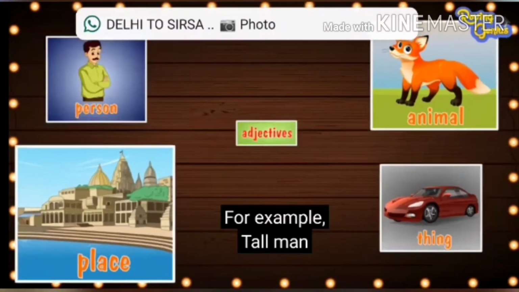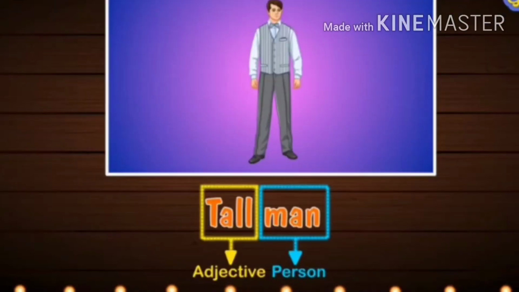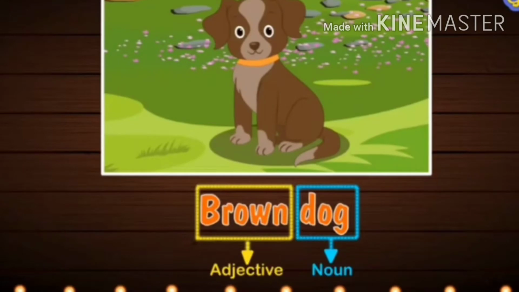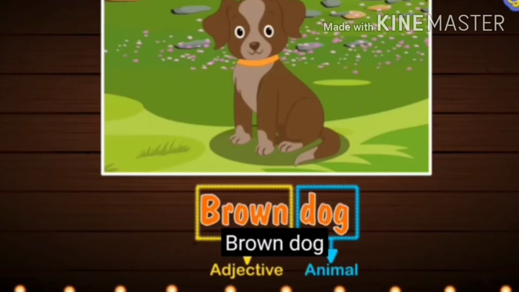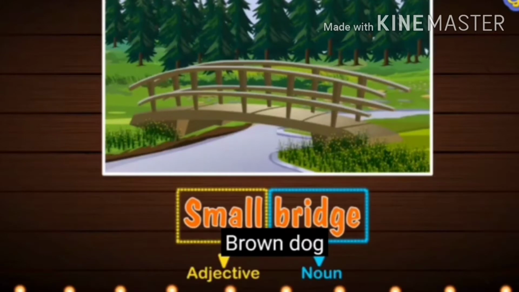For example, tall man, brown dog. Here, brown describes a dog, that is, an animal. Small bridge. Here, small describes bridge, that is, a place.